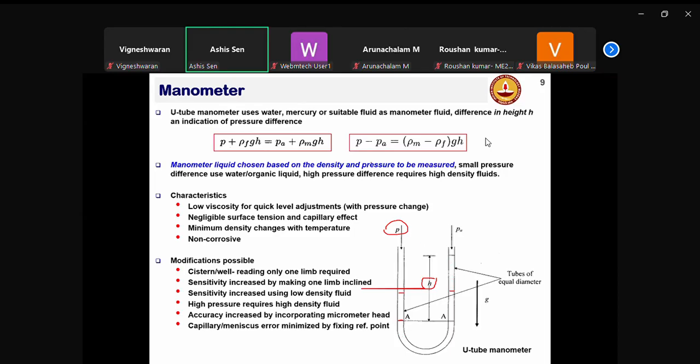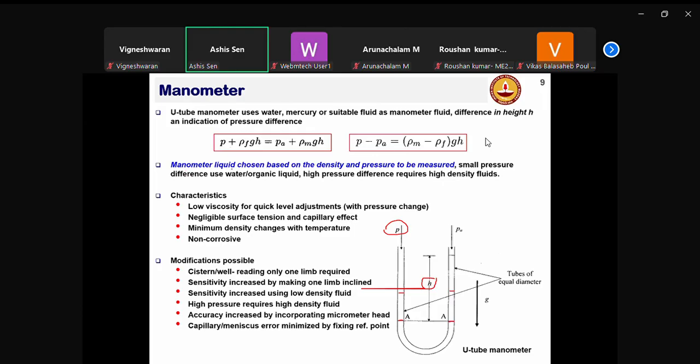So now this is density of the manometric liquid, g into H. So again, you are measuring pressure at this level. So they have to be equal. And from here, you can know the excess pressure. That means the source pressure minus the atmospheric pressure is basically the manometric liquid density minus the source fluid liquid density into g into H. Okay.